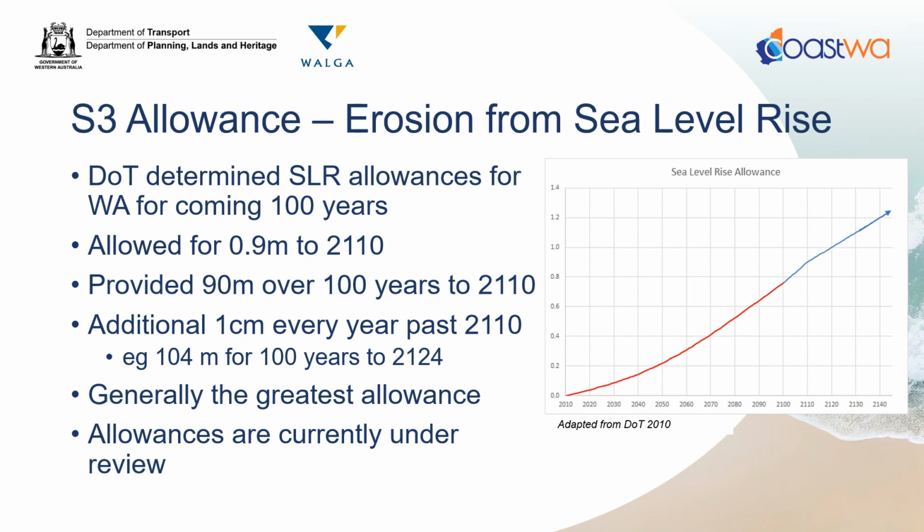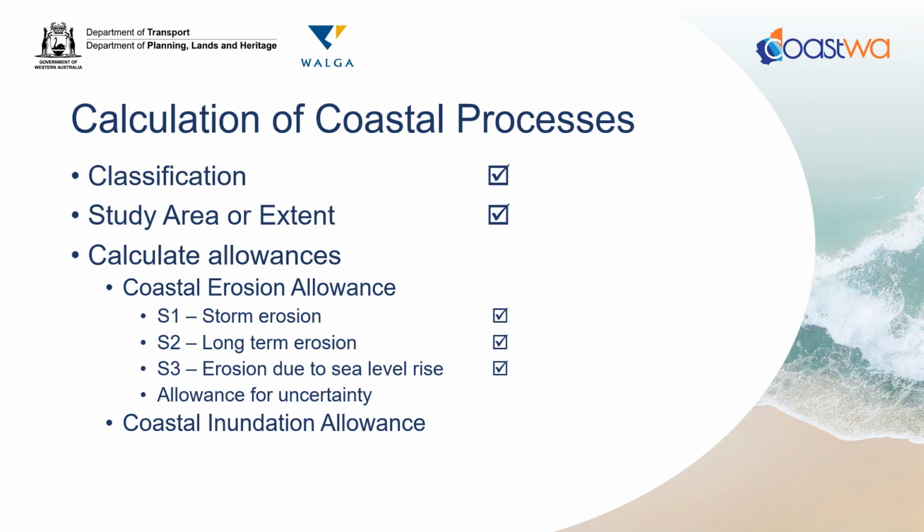So for the 100-year period out to 2124, we'd currently allow 104 metres for our S3 allowance. So compared to the other ones we've discussed already, S3 is generally the greatest allowance. Both sea level rise allowances and the S3 allowance, and the determination of that are currently under review. And if there's any change to those allowances, Department of Transport will release an update to that.